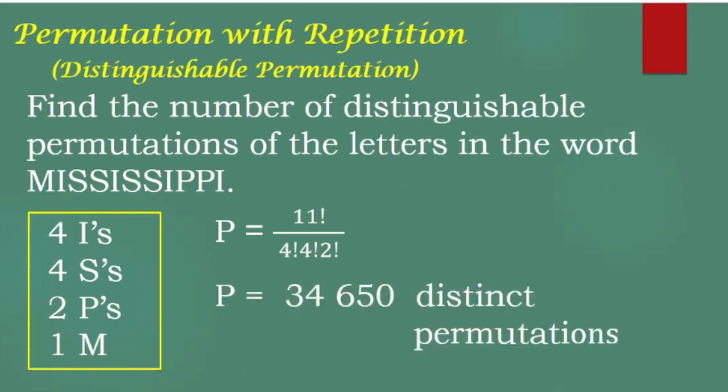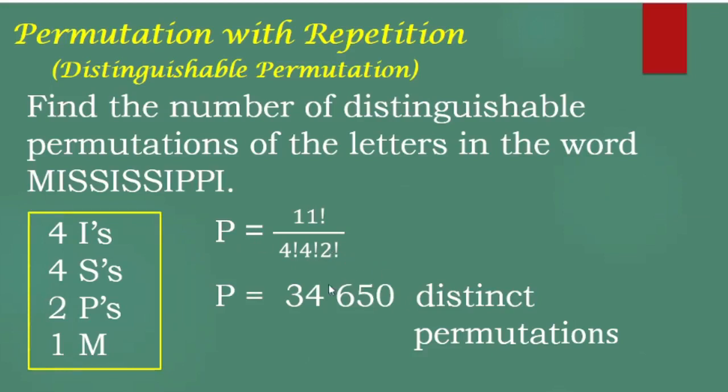So therefore we have 34,650 distinct permutations. So how did you get that? When you simplify 11 factorial, that would be 39,916,800 all over 4 factorial times 4 factorial times 2 factorial, meaning 4 times 3 times 2 times 1, 4 times 3 times 2 times 1, and 2 times 1.